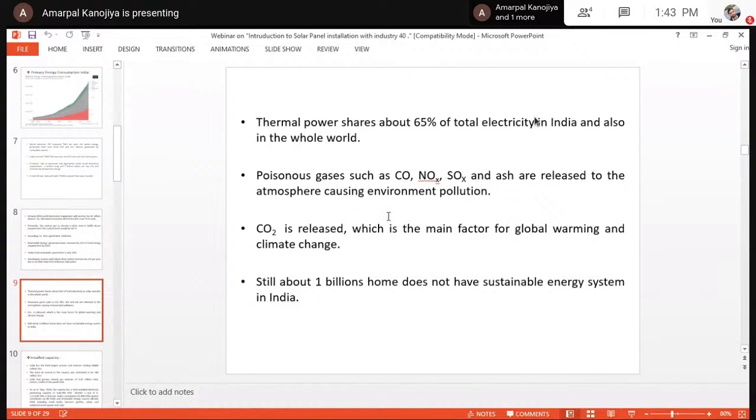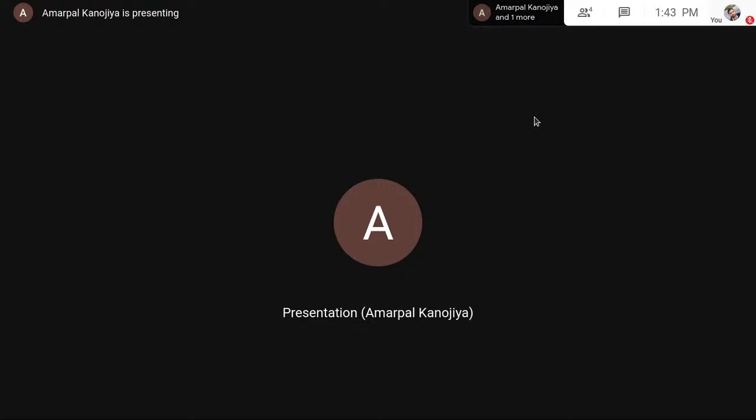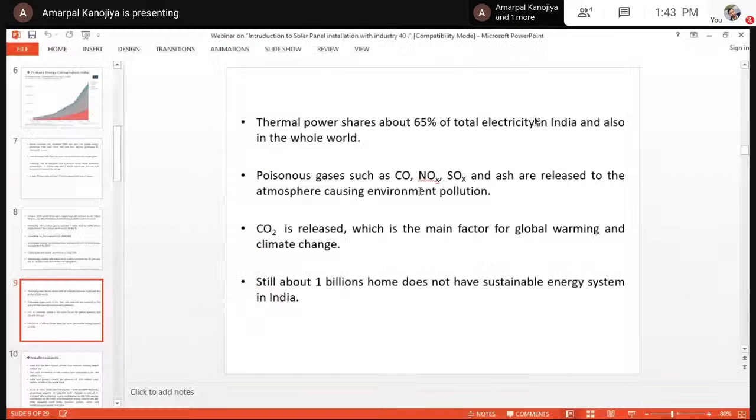Basically, in India, 65 percent of the electricity we consume comes from coal plants. Because of these coal plants, CO, NOx, and SOx are emitted into the atmosphere. Just see here, we are using approximately 8,000 terawatt hour per year.